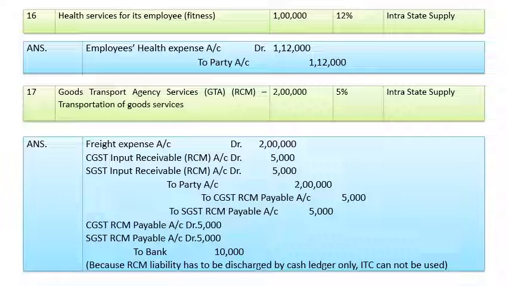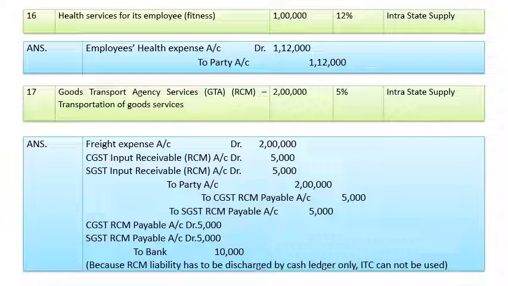So whenever there is a reverse charge, you have to pass two entries. CGST RCM payable account debit 5,000, SGST RCM payable account debit 5,000, to bank account 10,000.